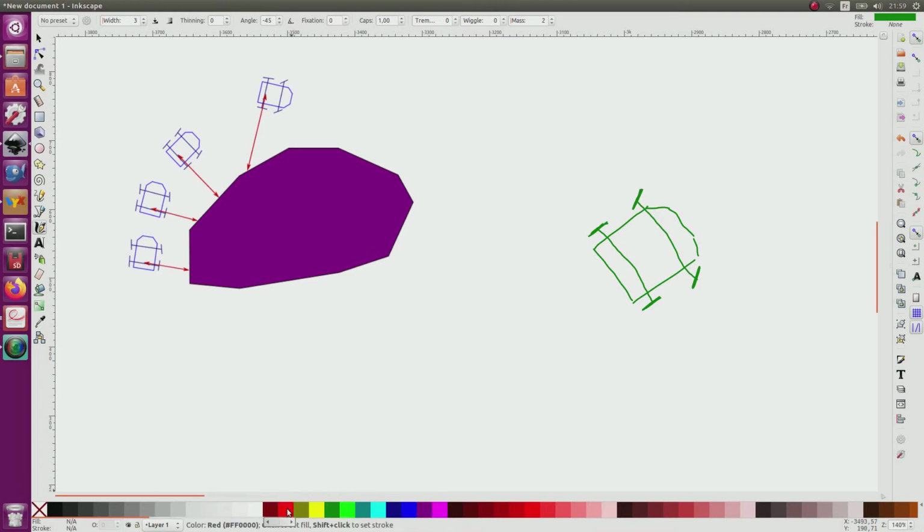So the center of the car will correspond to the point M. The heading of the car will be called theta.